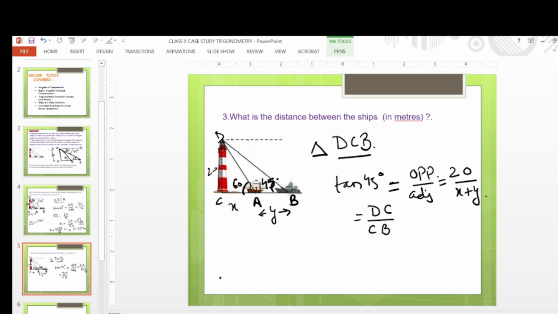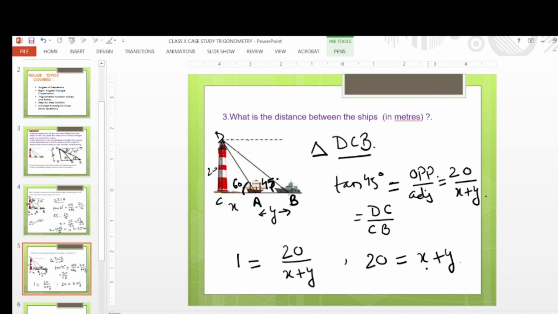Now what is tan 45? Tan 45 is 1, so 1 is equal to 20 upon x plus y. Let's solve. I know that you will say, ma'am, we have calculated x. Yes, we'll substitute. But first, just remove this fraction part. We'll just cross multiply, or anything you do, solve it your way. 20 is equal to x plus y.